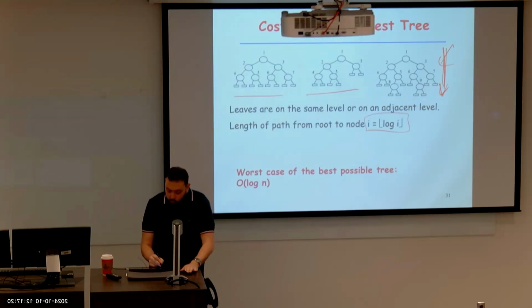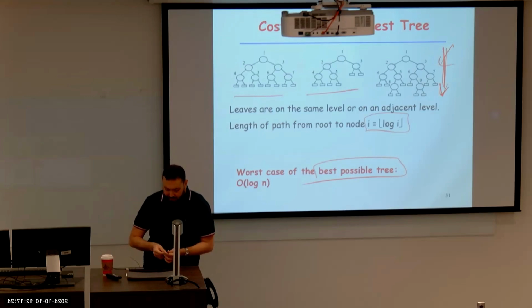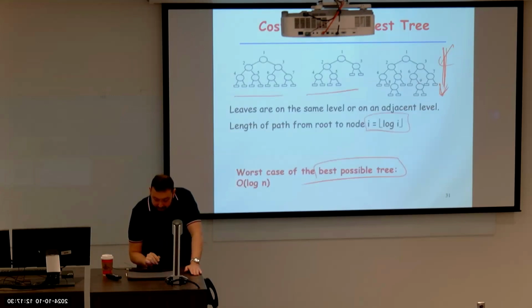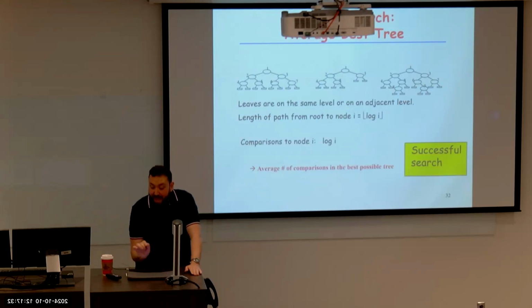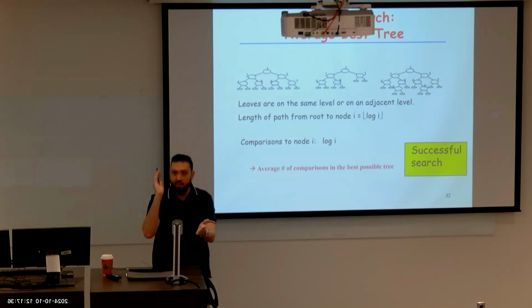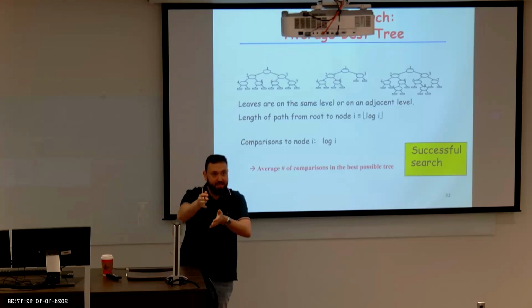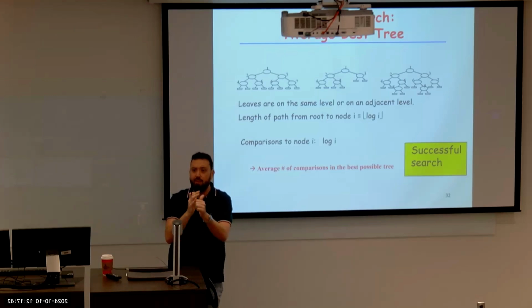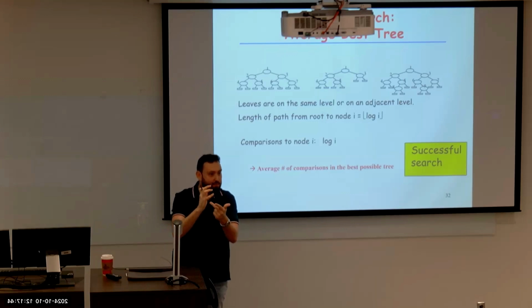So what did we say here? The worst case of the best possible tree is O of log n. That's the worst case of the best possible. What about the average best tree? The average is harder. For the worst case, I can just say, okay, log of n. It's the height. It's the last one. For the average, I need to do the exact same thing that I did. It may be the first node, maybe the second, maybe the third.